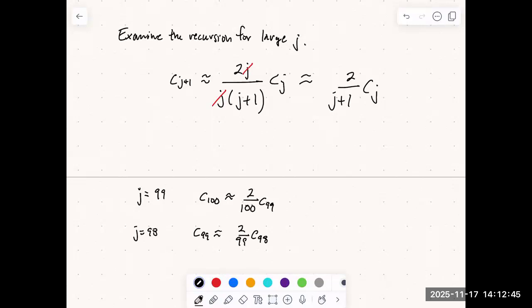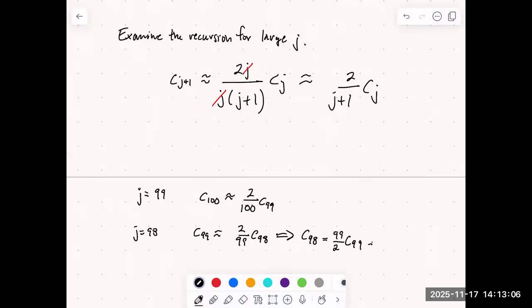Okay, well, what does that mean? That means C98, if I solve for that, is 99 over 2, C99. But C99, I can solve for over here. It's 100 over 2, C100.